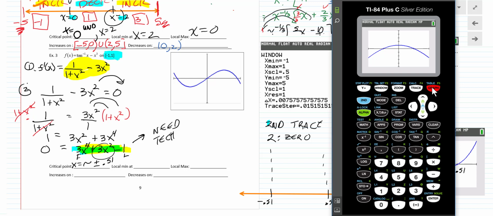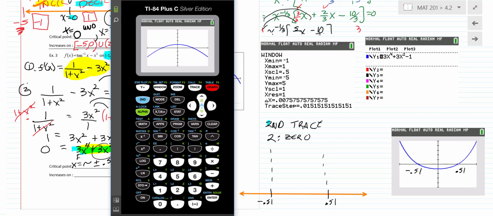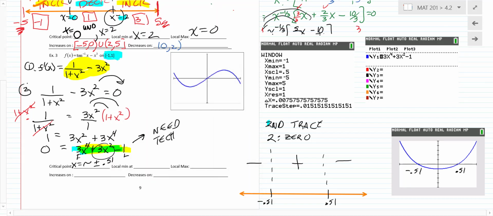That's what you would end up getting. So you can save a little bit of time by doing that. Okay, so it just kind of goes like this then. These are negative values, these are positive values, and so forth. So your sign chart's going to go negative, positive, negative. Okay, now we're ready to answer the question. Okay, so we do have an interval, it looks like, from -1 to 1 on the problem.